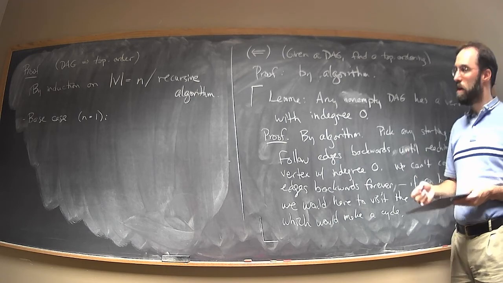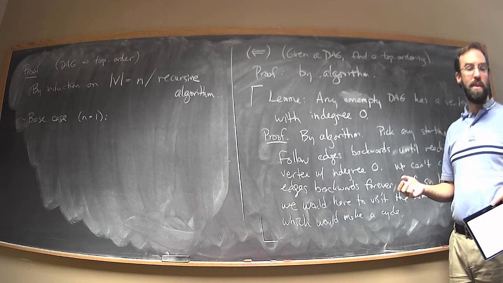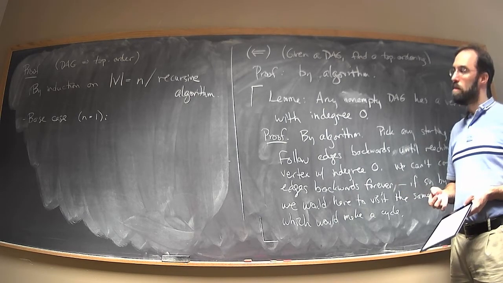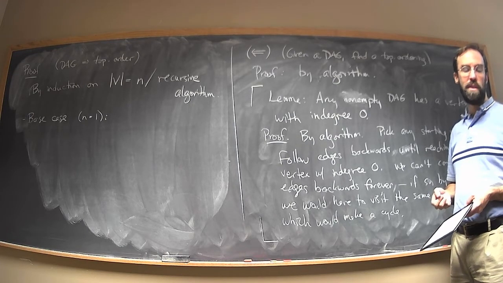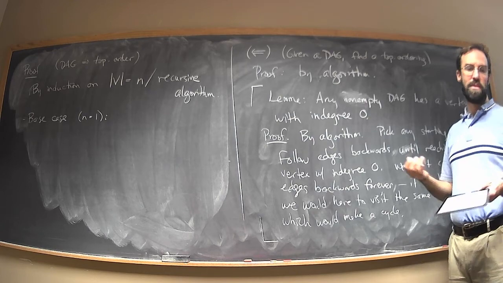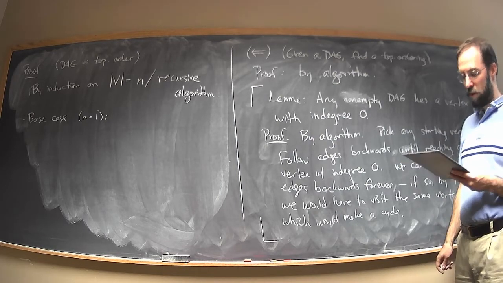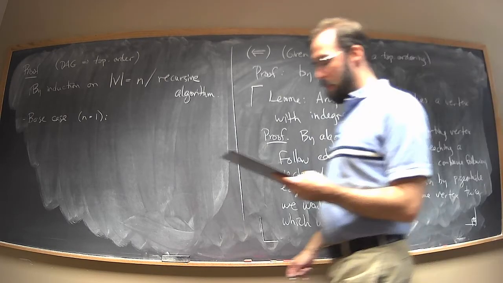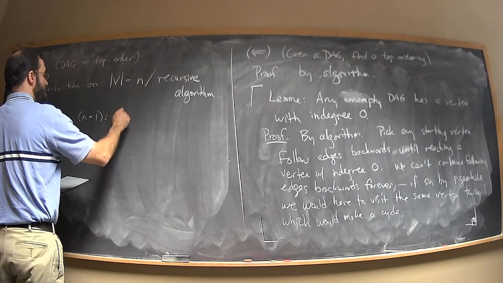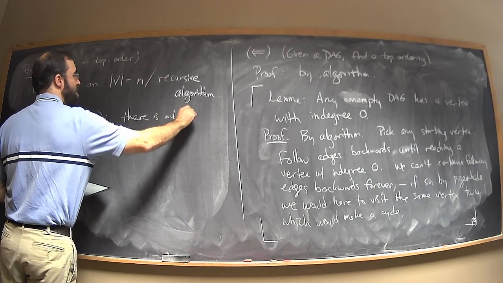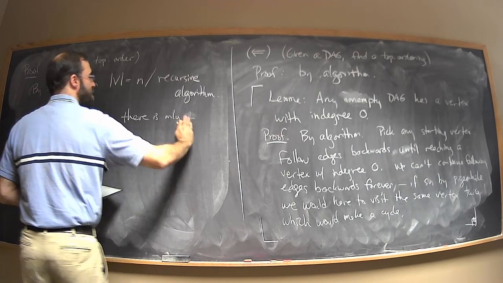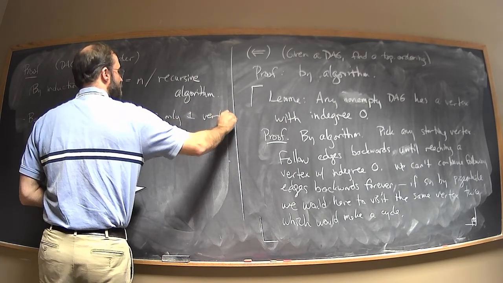Or we could include that case if we wanted and just say, obviously, if there's no vertices, then I can put all of the no vertices in a list, the empty list, which would make it a topological ordering. But in this case, there is only one vertex and no edges.